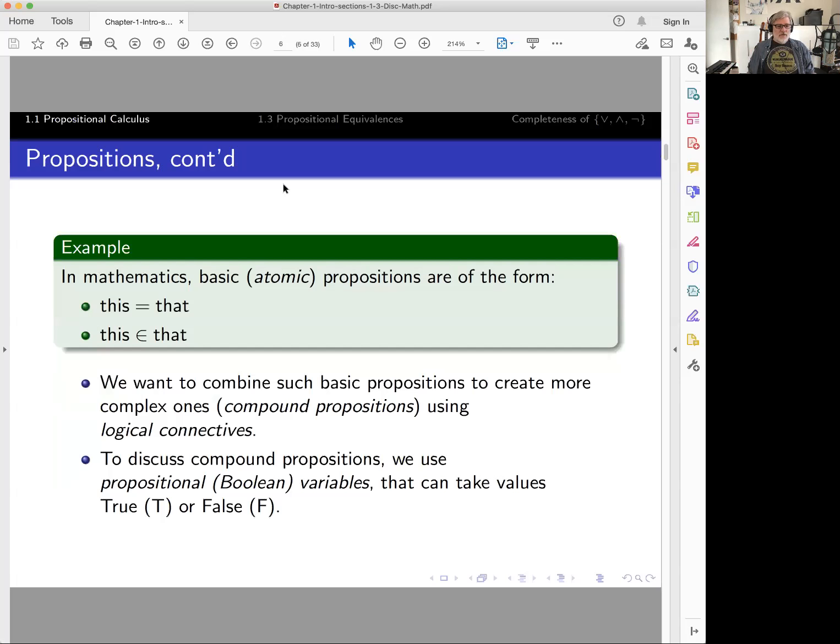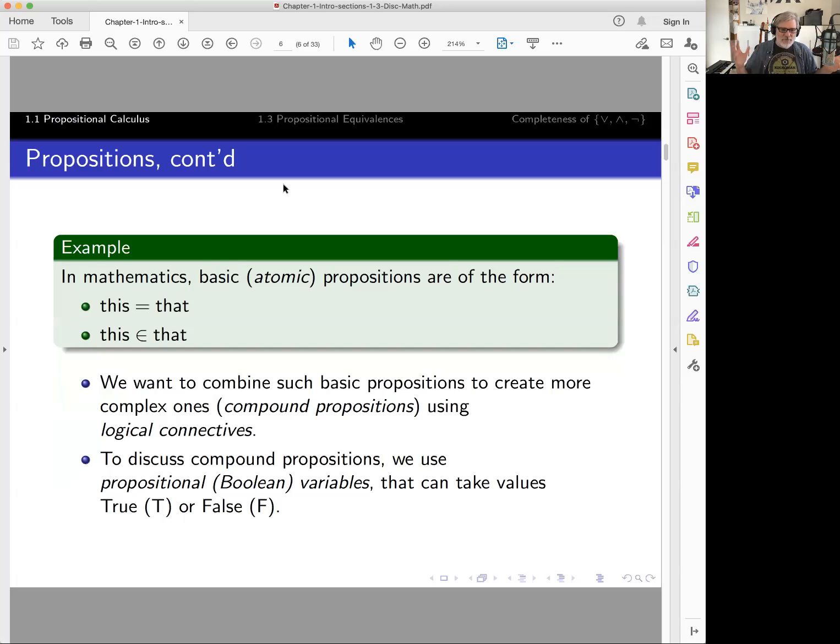Now, what is absolutely wonderful, I don't know if it's wonderful, but at least I like things which are simple. It turns out that in math, the shape of a typical proposition is very simple. It's either this is equal to that, or this is an element of that.